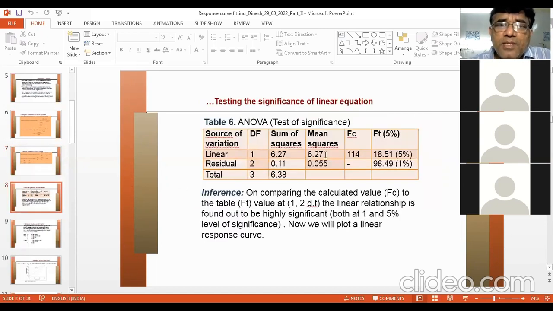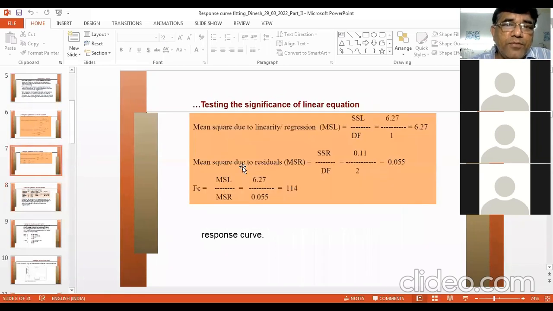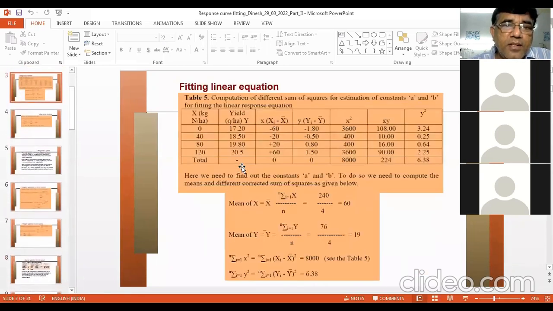You can put these things in the answers. Sources of variation are linear, residual, and total. There were 4 pairs of observations in this case: 1, 2, 3, 4, with values 0, 40, 80, and 120.